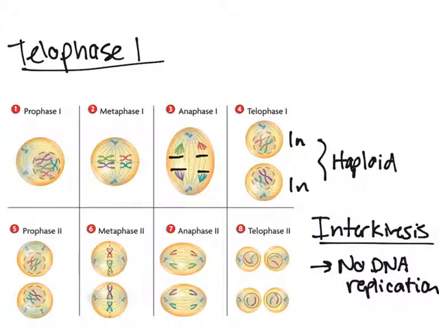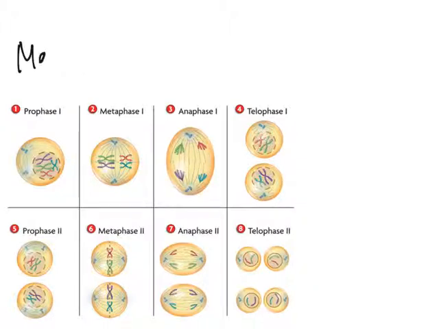And then now meiosis II. Let me clear this. So meiosis II is actually indistinguishable from mitosis of two haploid cells. So essentially you could just think of it as pretty much just mitosis in prophase, metaphase, anaphase, telophase. And I have a previous video on that, on mitosis.